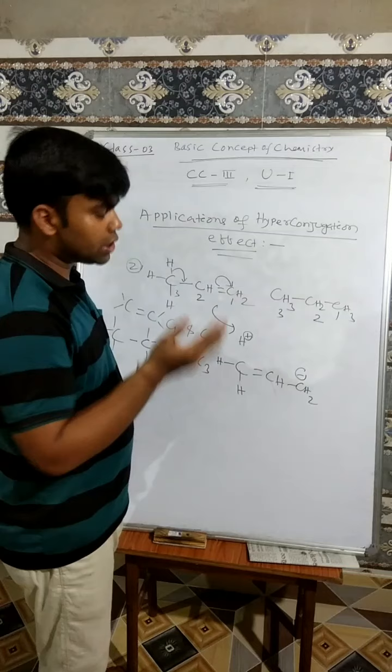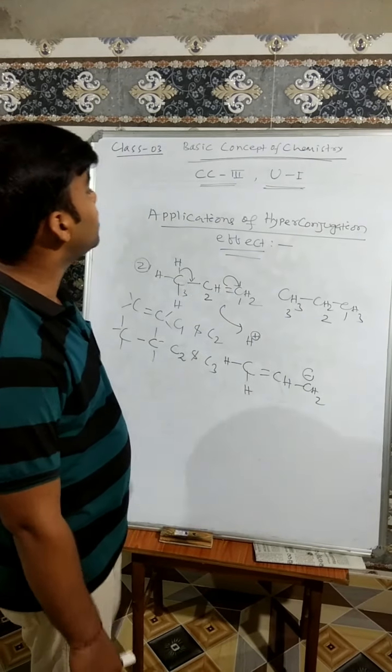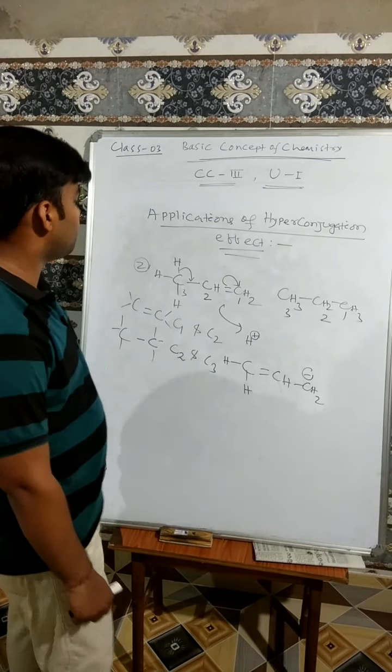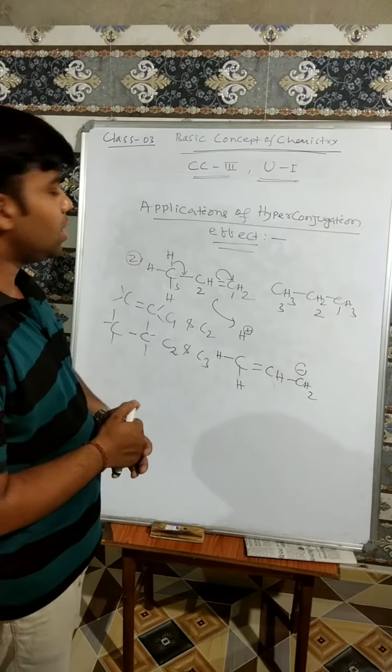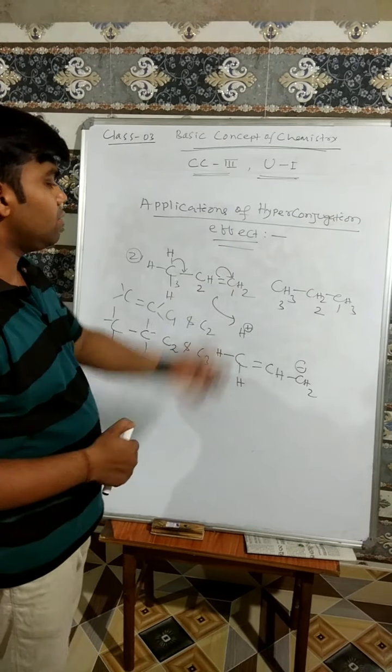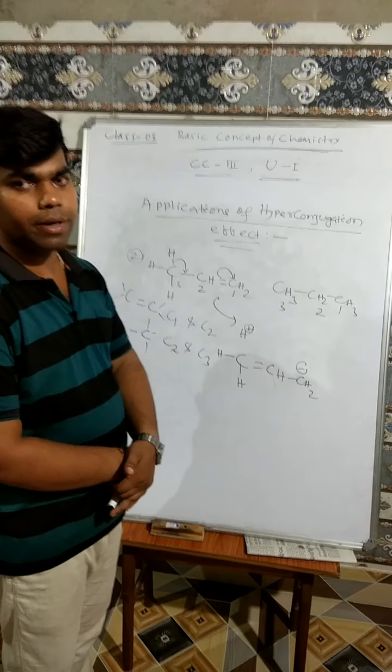There is no shortening of the bond length. That's the application of the hyperconjugation effect. So in general, we can explain that the carbon single bond length becomes shorter when it is adjacent to a multiple bond, due to the hyperconjugation effect.